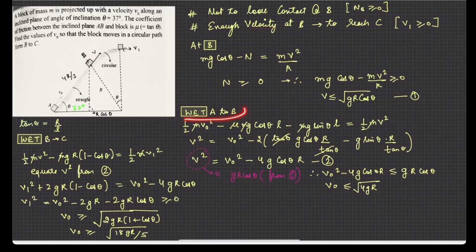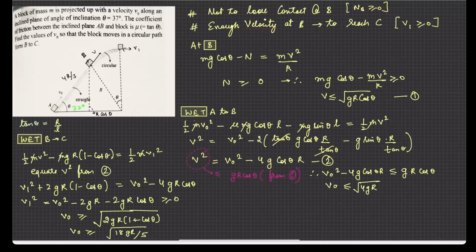Now we apply the work energy theorem from A to B to get the value of this v in terms of v naught, because we have to find the value of v naught. So we need a relationship in v naught, so we'll apply that. First, between A and B we apply the work energy theorem. It starts from here.